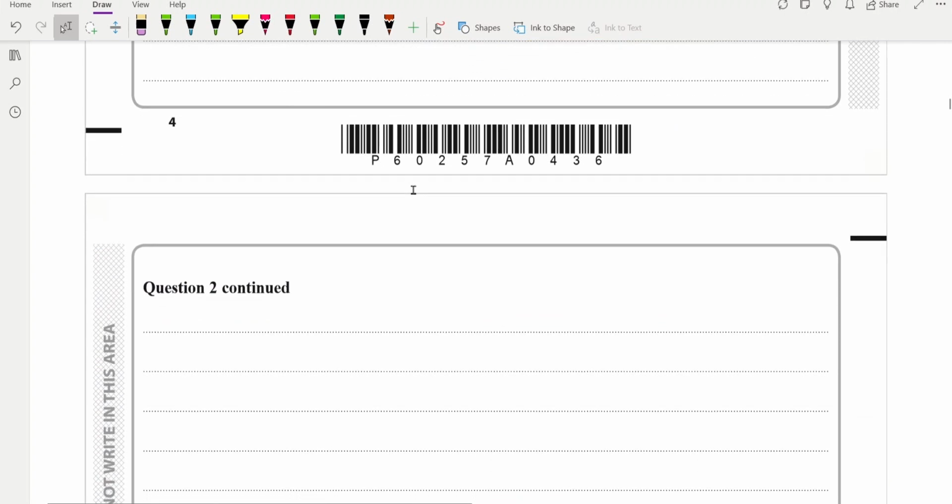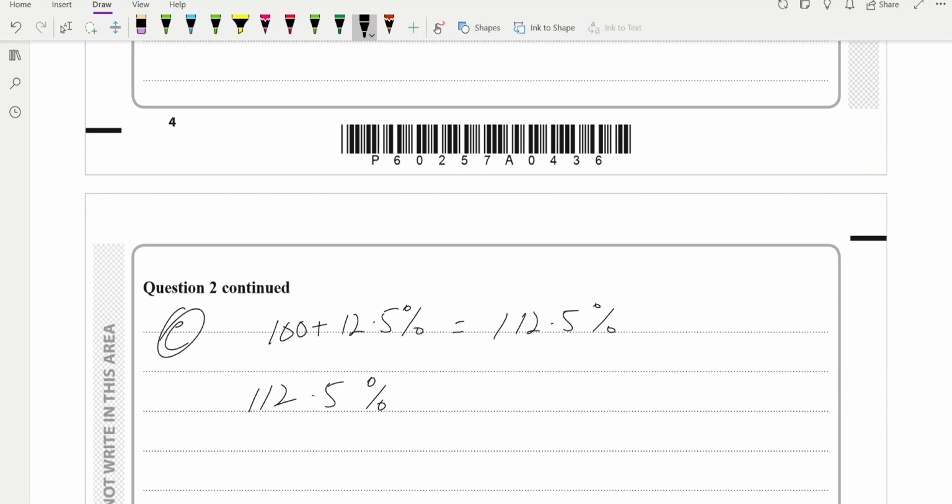For the C part, because we require 12.5% more, we will add 100 plus 12.5%, so this will be 112.5%.